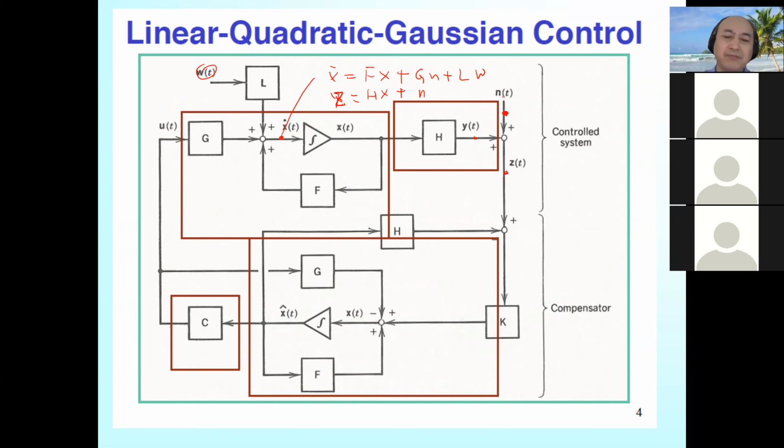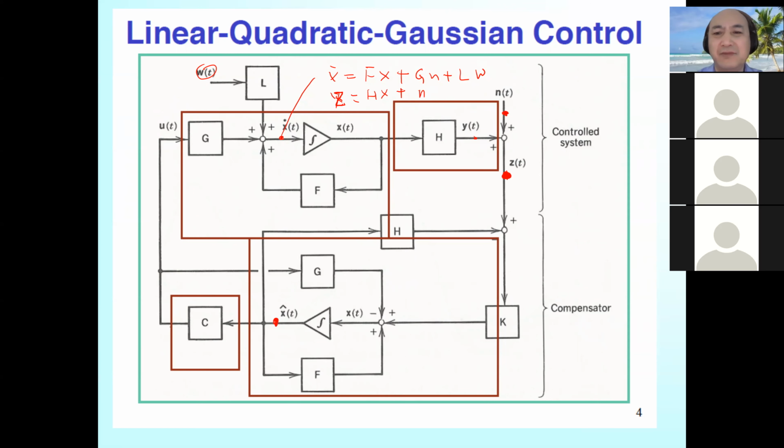So we want to understand what we have here. We have the measurement; this is the signal we can get. I want to use it to construct my controller, but to have a controller we need to estimate my state x hat.